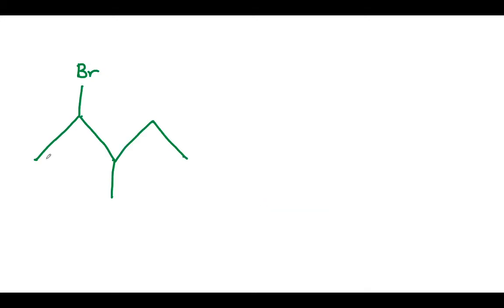Okay, and this one, let's see what we can do in terms of naming it. So 1, 2, 3, 4, 5. If I go from left to right, I have side groups, which are this bromine and this particular carbon here. You might not have seen a line diagram showing a side group like this.